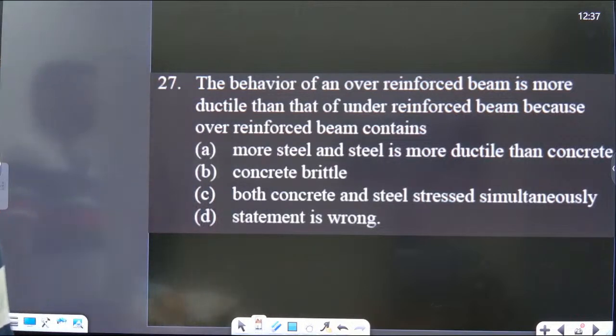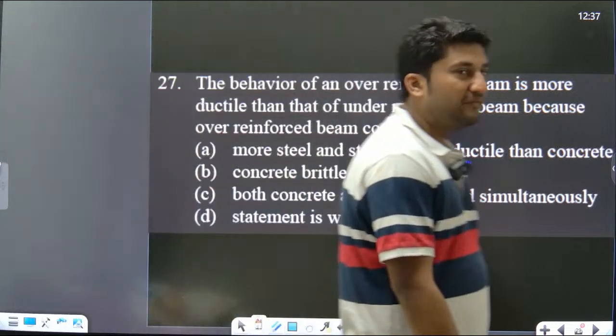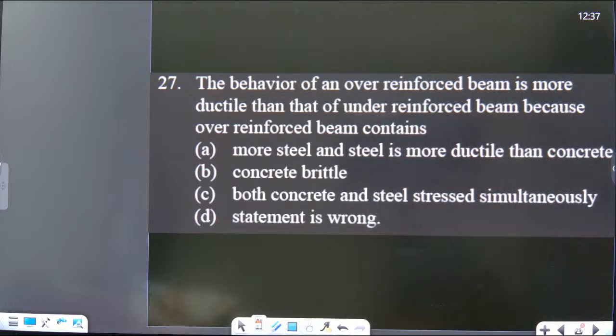Answer this question. The behavior of an over reinforced beam is more ductile than that of an under reinforced beam because the over reinforced beam contains more steel and steel is more ductile than concrete.